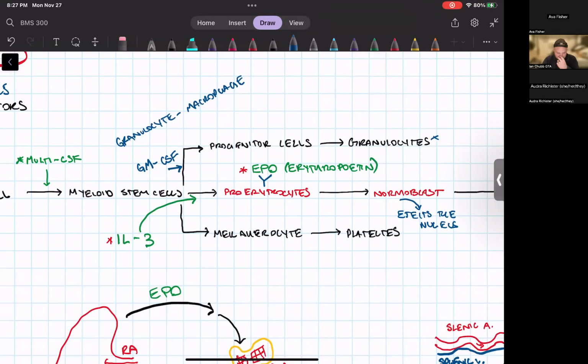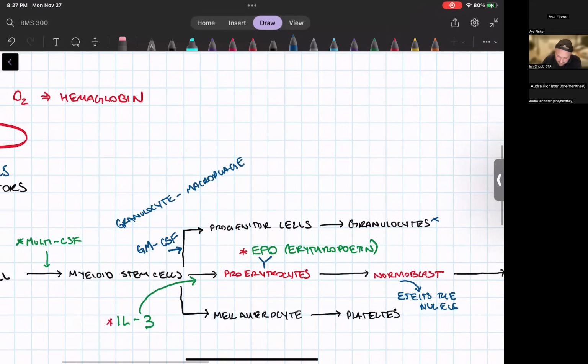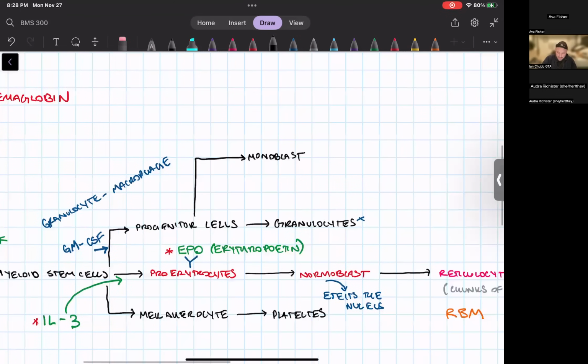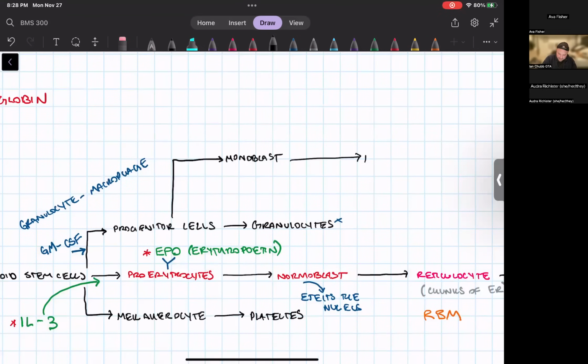But that's going to be down another. So yeah, this chart can be a little bit daunting, I won't lie. So from the progenitor cell, we also have a myo or monoblast. Monoblasts will become monocytes. And monocytes become macrophages once they're mature.